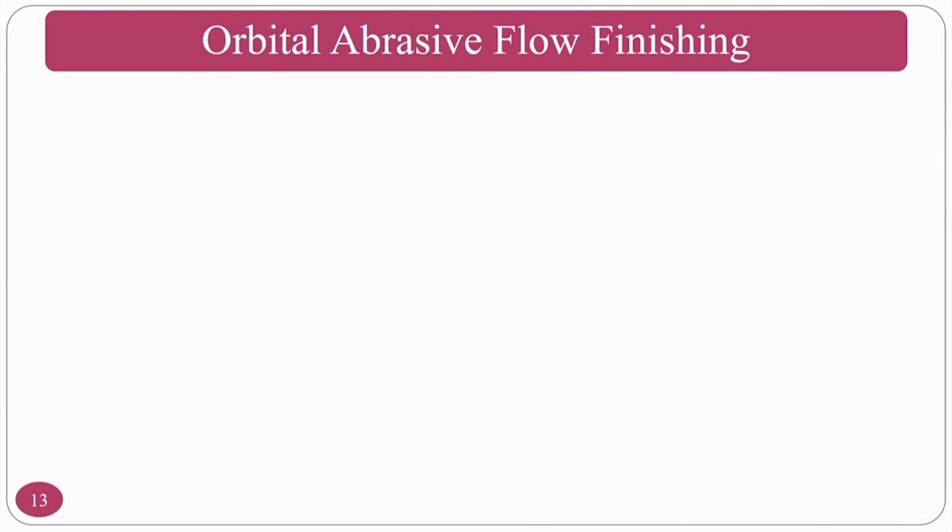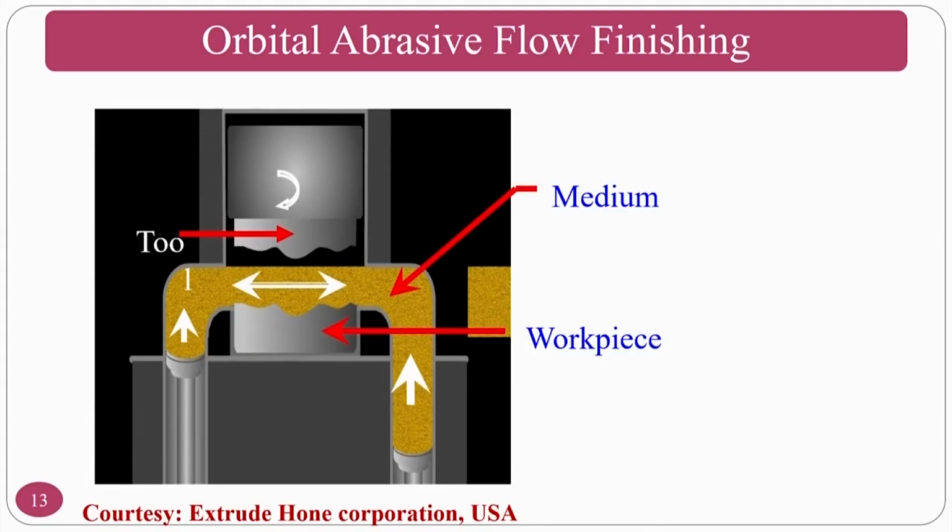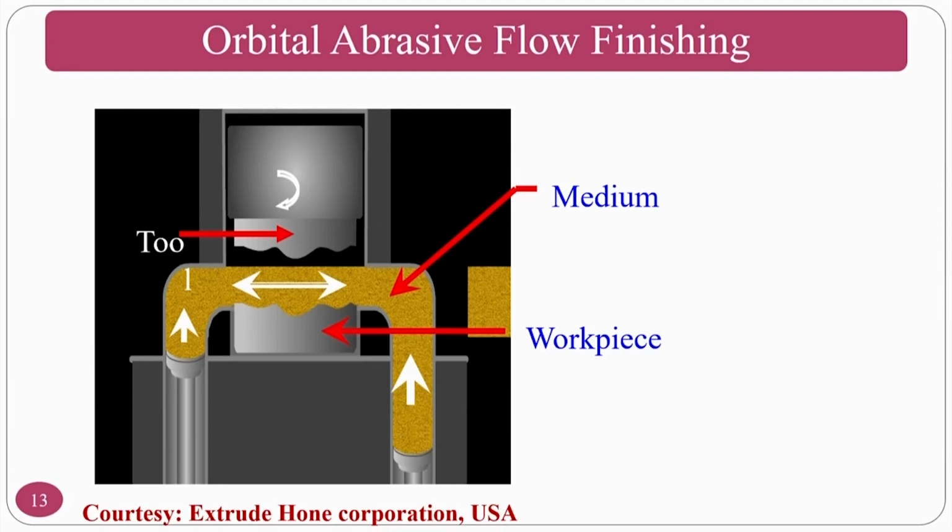The third variety of abrasive flow finishing process is the orbital abrasive flow finishing process. The orbital abrasive flow finishing process is normally used for blind holes type of workpieces. For example, what you see here is the medium, the workpiece, and this is the tool.